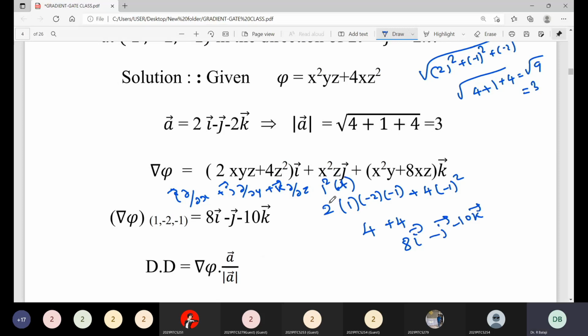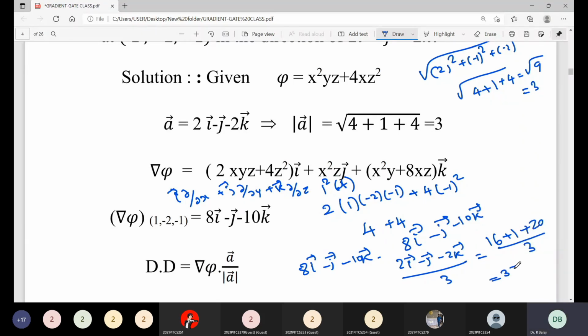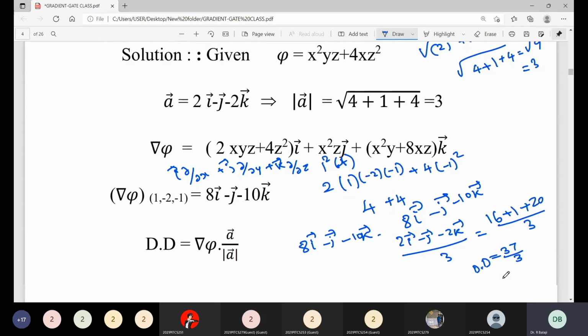Therefore, the directional derivative is del phi, 8i vector minus j vector minus 10k vector dot a vector 2i vector minus j vector minus 2k vector divided by 3, which is equal to 8 into 2, 16, plus 1, then plus 20 divided by 3, which is 37 divided by 3. So the directional derivative is equal to 37 by 3.